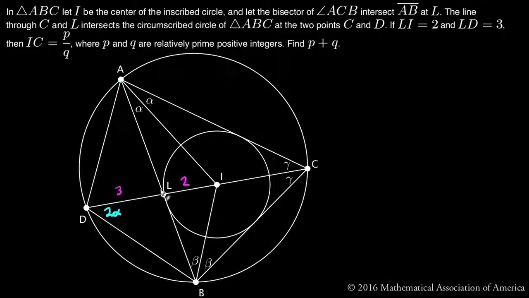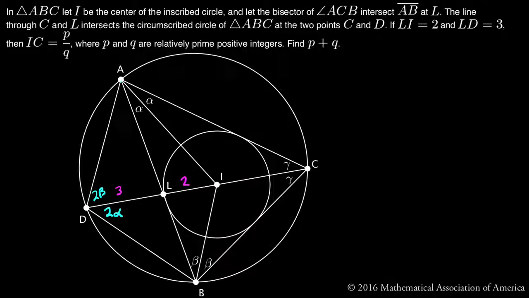The same exact thing happens with this angle here and this angle here with arc AC. So this angle here is 2 beta, which means this one here also has to be 2 beta. Now I actually don't need both of those. I can get around it by only doing one of them, but either one will work.